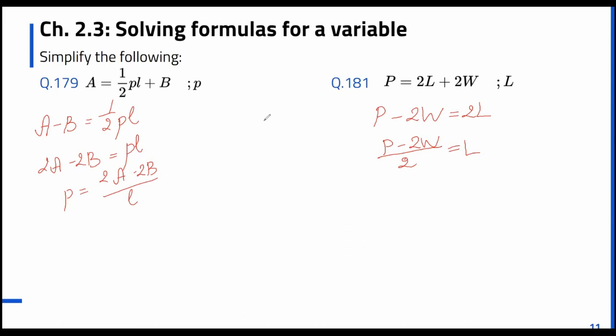Can I ask, do you have any formula for the first one? I didn't understand well. Can you repeat, please? Do we have any formula for solving? We don't have a pure formula, like a template for solving this, but the idea is that we need to perform several operations to isolate one of the variables we are asked to.